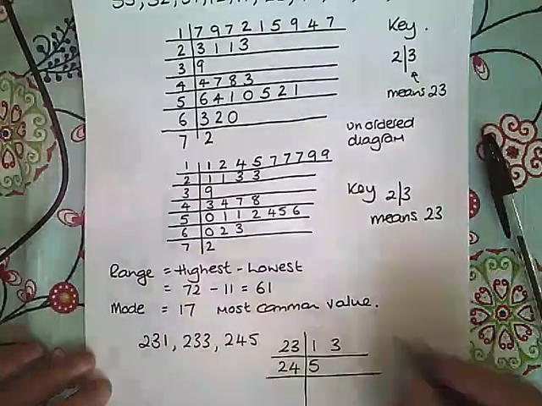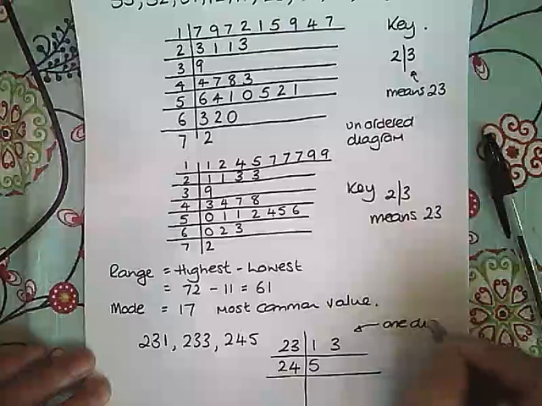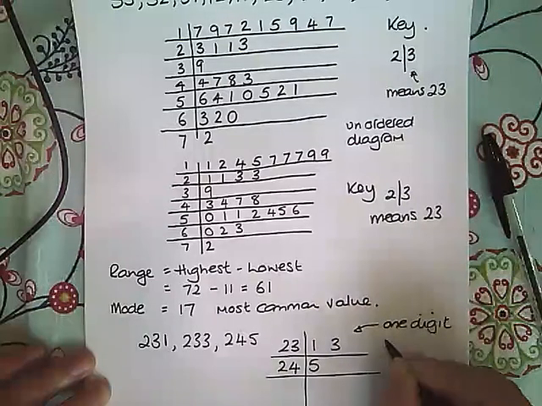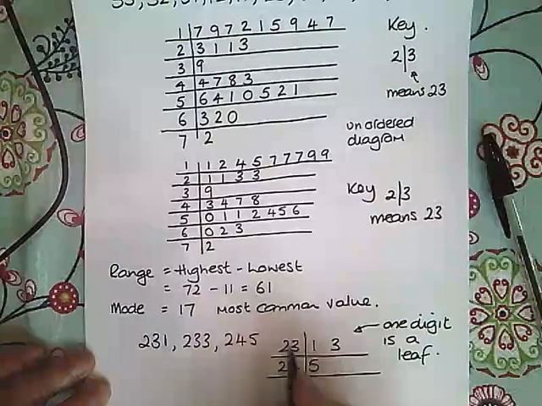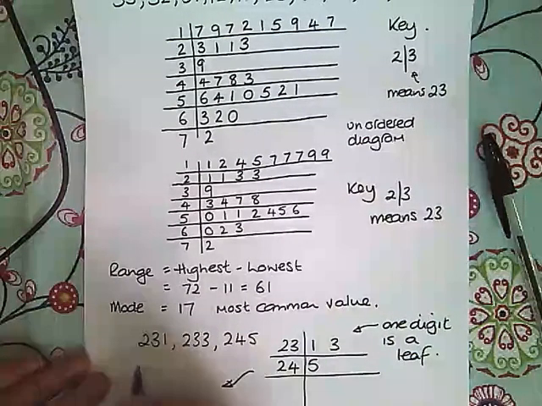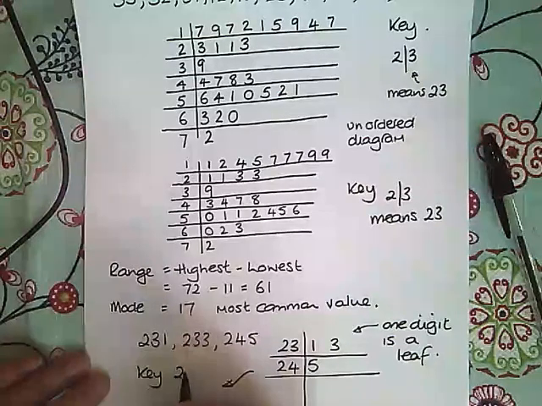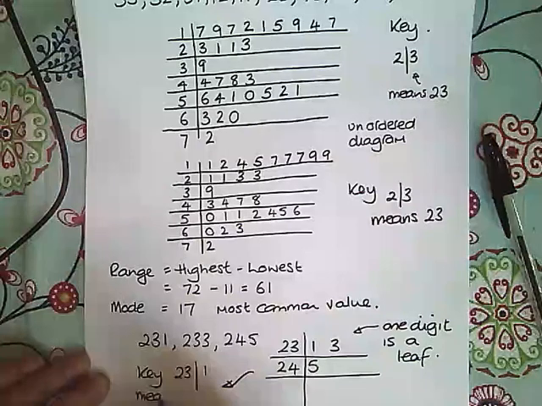There is always only one digit, one number, as a leaf. Okay, so sometimes the stem has to be 2 digits, and then your key here would be 23 and a line 1 means 231.